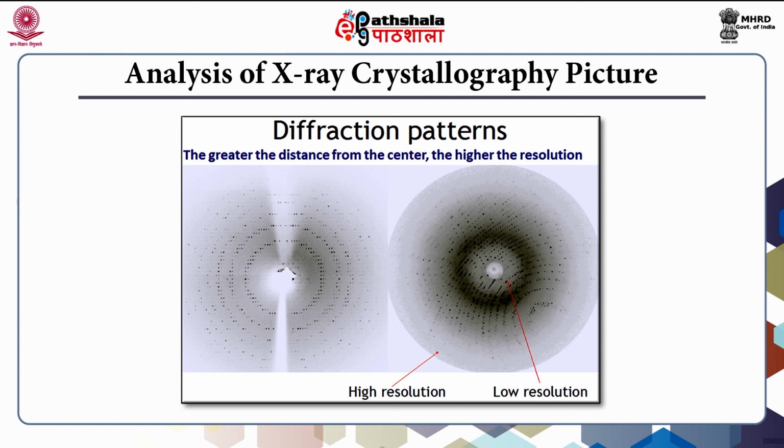So, overall what we understood here is that X-ray crystallography is simply the hitting of X-rays to a crystal structure of a biomolecule, and the diffracted X-rays can be captured on X-ray film or any other detector, and finally we will get spots on that particular X-ray film.